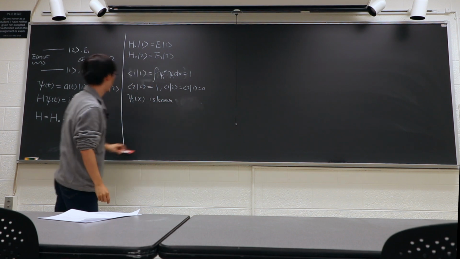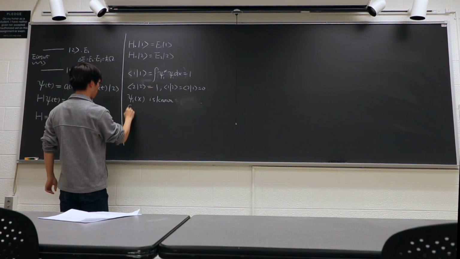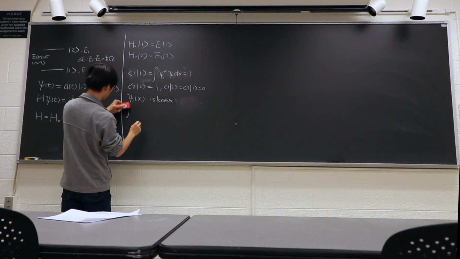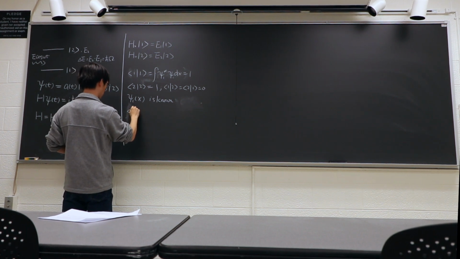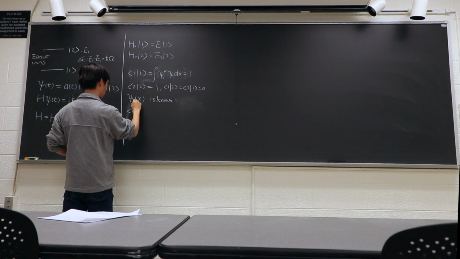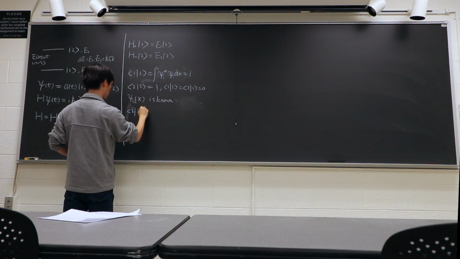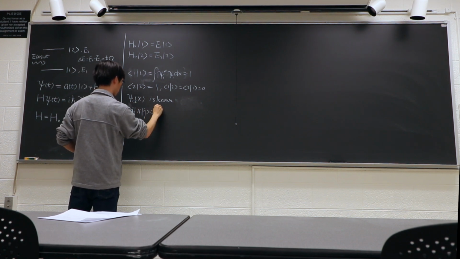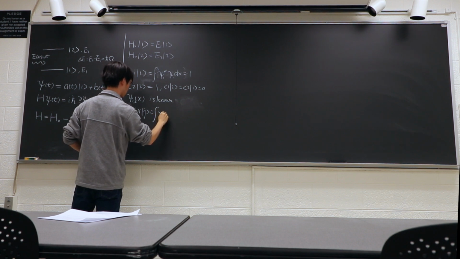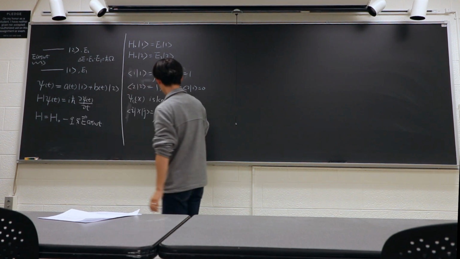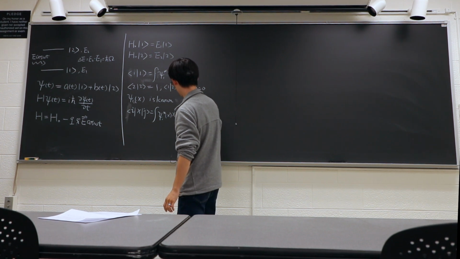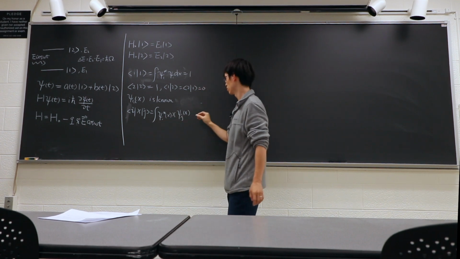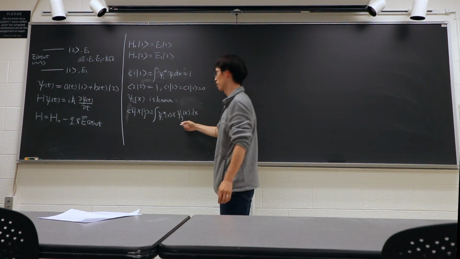So what this means is that if you do this, let's say I_ij equals this number, we can calculate it.